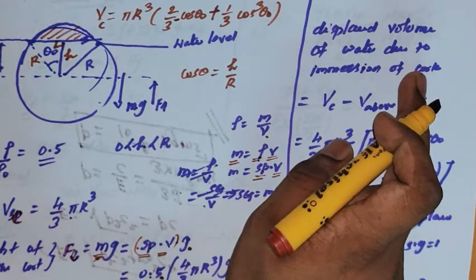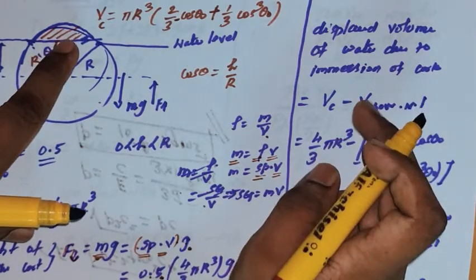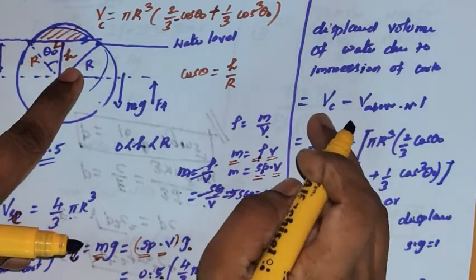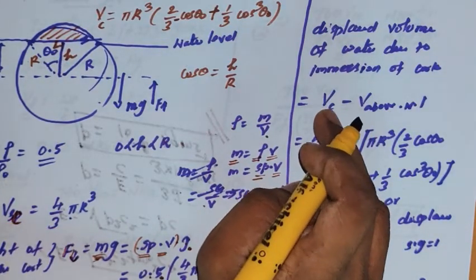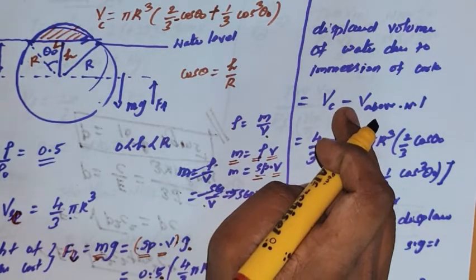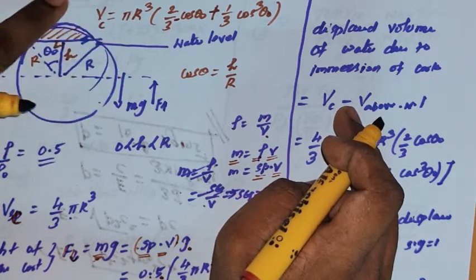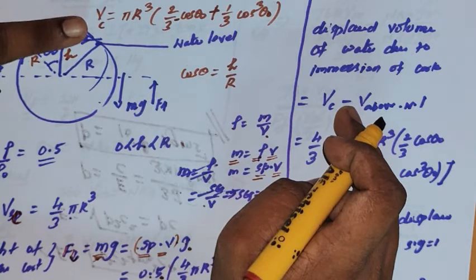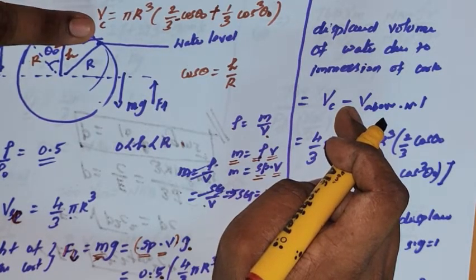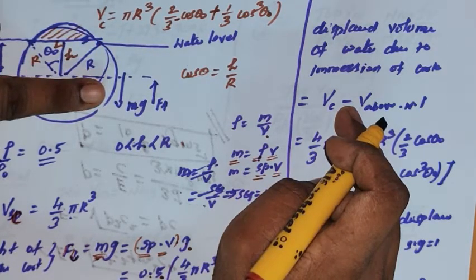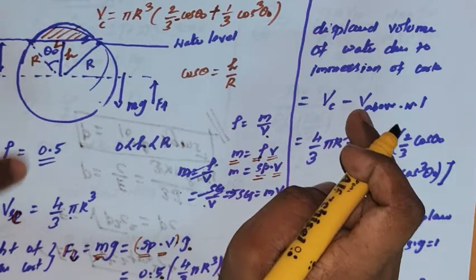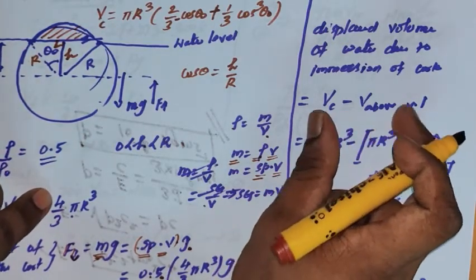To find this, we subtract the volume above the water level from the total volume of the cork. This will give the immersed volume, the amount of water volume displaced.